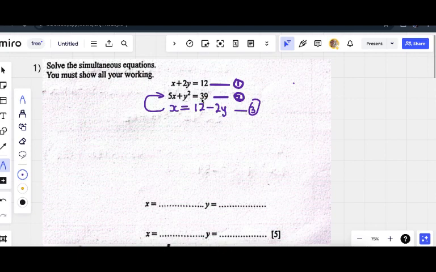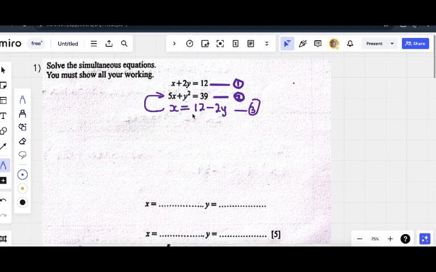It becomes a quadratic equation, and we're going to solve the quadratic equation. And then we get the two values of y. We substitute back into our equation 3, we get our two values of x. Because this simultaneous equation will lead us to a quadratic equation.